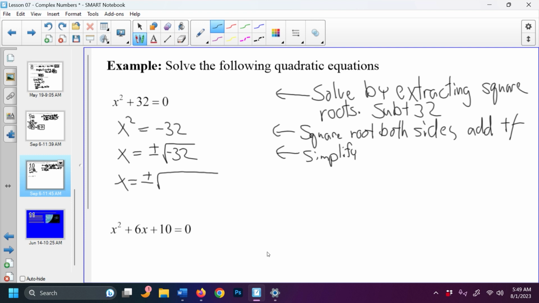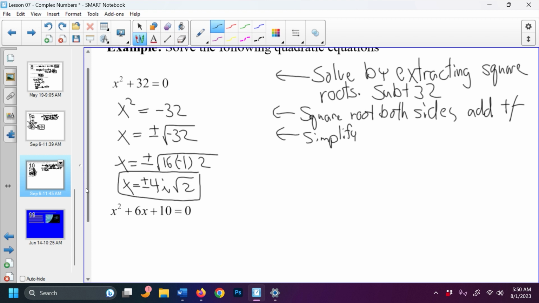Now, 16 divides 32 twice, and so I'll have 16, I have the negative 1, and then I have 2 left over. And when I reduce those, I'll have the square root of 16 is 4. I still need my plus or minus. The square root of negative 1 is i, and then the square root of 2 does not reduce, so I have the square root of 2 there, and we'll put that by itself.